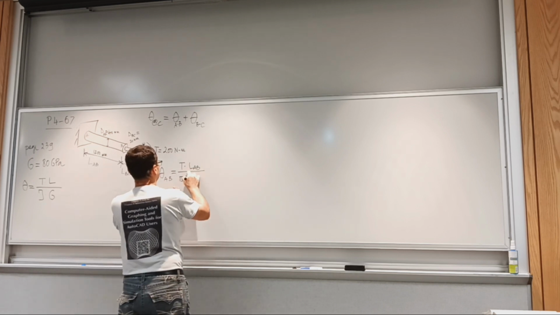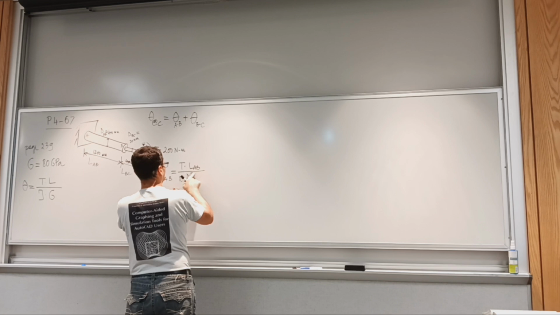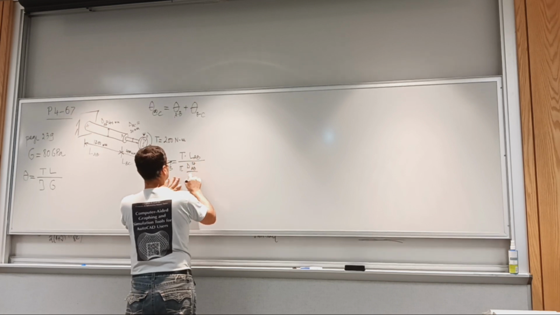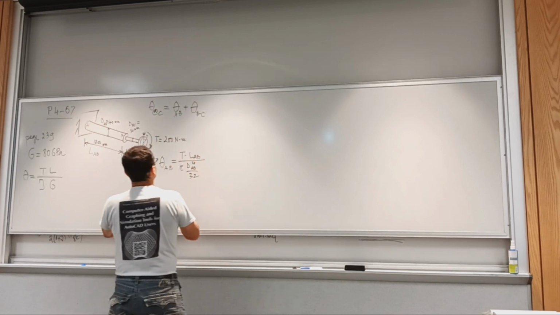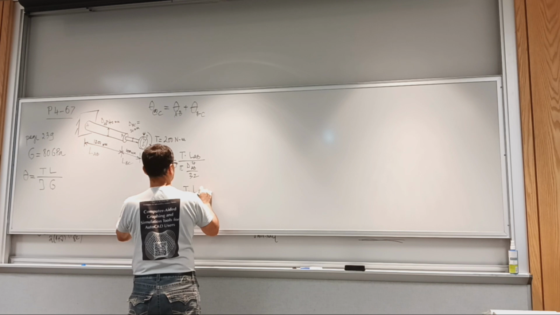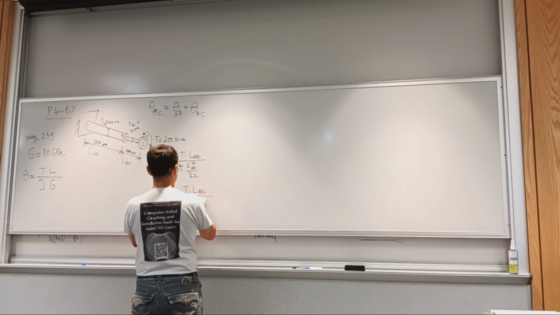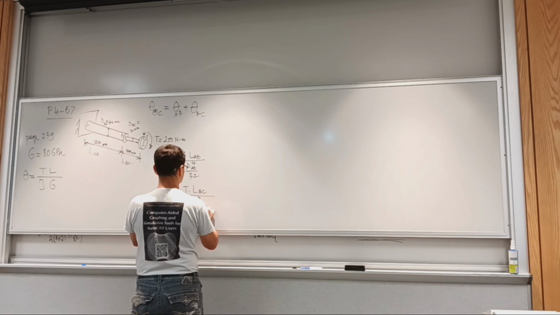So pi DAB to the power 4 over 32. Okay, and theta between B and C is the same torque, length of section BC, pi, and then the diameter between B and C to the power 4 over 32.